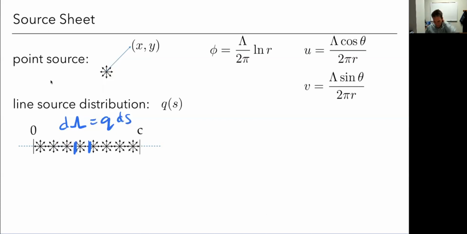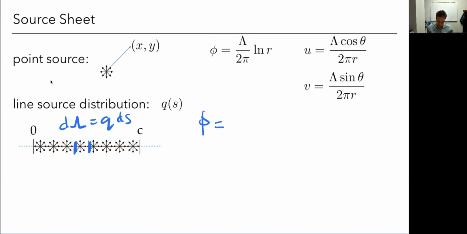So I can then do all of these same things here, right? So my potential function now is no longer lambda, right? Lambda is Q ds, so I need to do an integral. I need to integrate from 0 to c, integrate across my chord line. So this could be any arbitrary line or shape. It could be a path in general, but for our purposes, we're going to put it along a straight line along the chord.